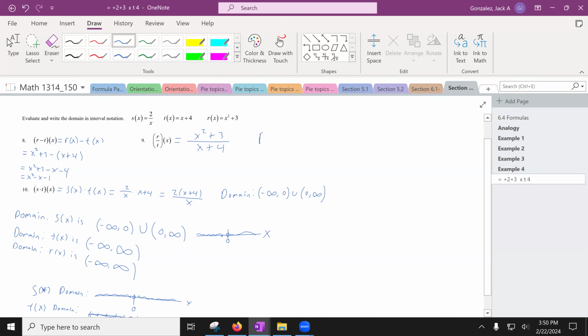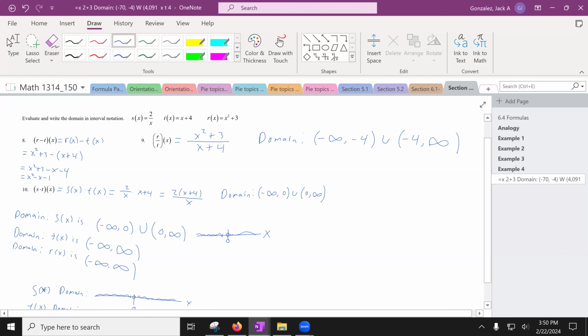So the domain would be everything except -4. Same thing, skip the -4. So you should be able to spot it in the result.